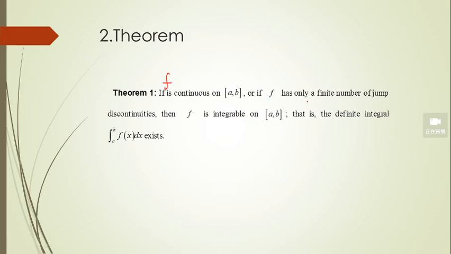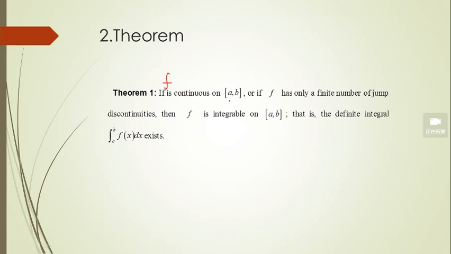And the other one means f has only a finite number of jump discontinuities. We understand what a jump discontinuity is in the graph. Some jumps, but they said finite number, which means you can count. Maybe 2, maybe 10, you can count how many. It's not the infinite case. So it's not a very restrictive condition for the function f.